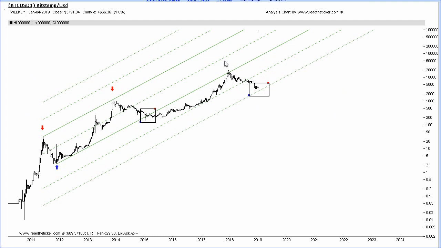And as you notice, this line here, the peak of the rally in 2018 was resistance on the solid lower channel line. That's no coincidence. So channels have attraction points for the start and ending of price moves.